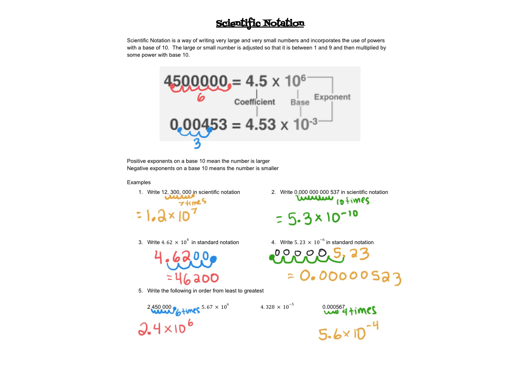Now to write them from least to greatest, you just look at the exponents. The smallest exponent is negative 5, so that's going to be the smallest number. The next smallest exponent is negative 4, so this number is the second smallest.